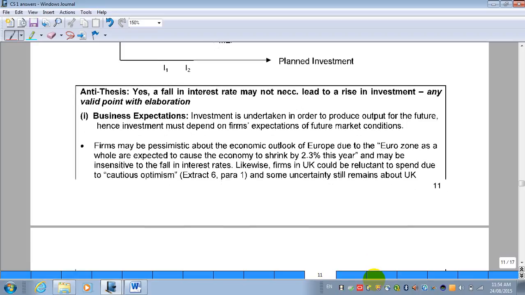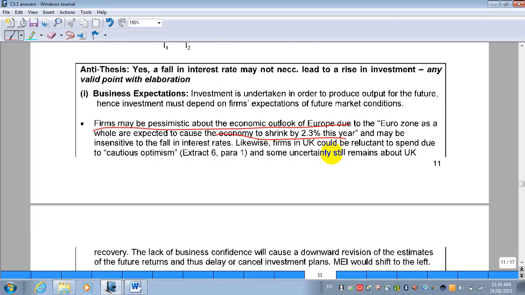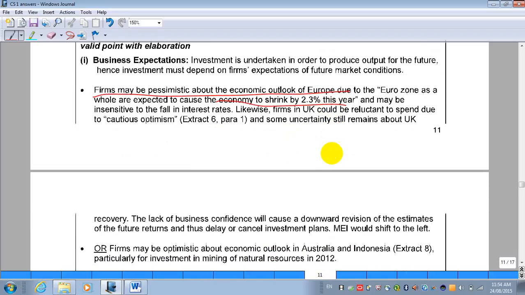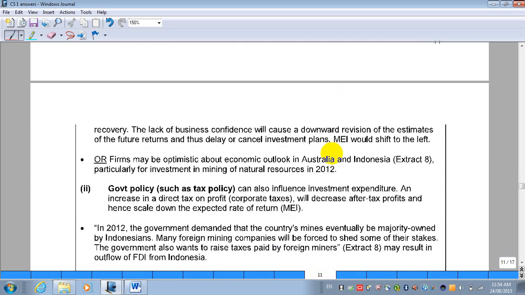So firms may be pessimistic about the economic outlook of Europe because the economy is expected to shrink. When there's an economic recession, consumers' and investors' economic outlook will generally be worsened, and therefore it may not lead to a rise in investment because they have a negative economic outlook.